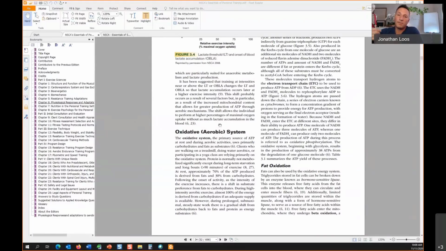And then the glycolytic system is the system that uses sugar, and that's activities that you can do for about 2 minutes or so. And then you have fast and slow glycolysis, so the lactate production and the lactate accumulation. And then you have the oxidative system with the sugar and the fat oxidation.